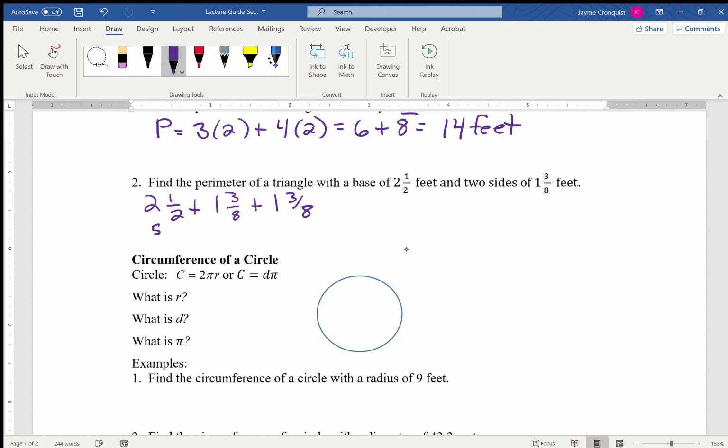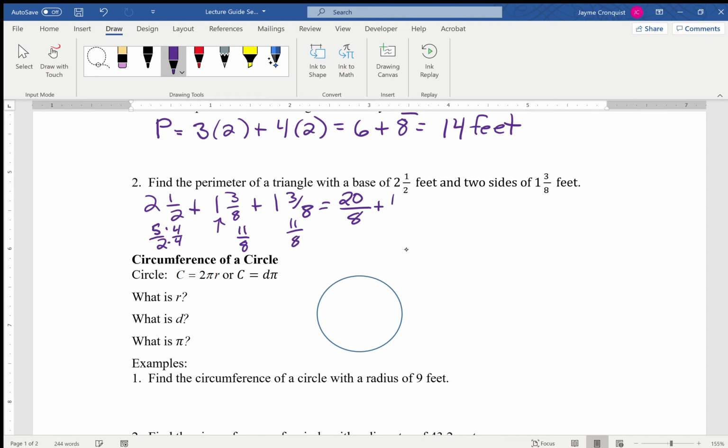2.5 is 5 halves. I need it as eighths because of the 3/8, so I'm going to have to multiply it by 4 over 4 to get eighths. So this is going to be 20 over 8. 1 3/8 is 8 plus 3. That's 11 eighths, and that's true for both of these.